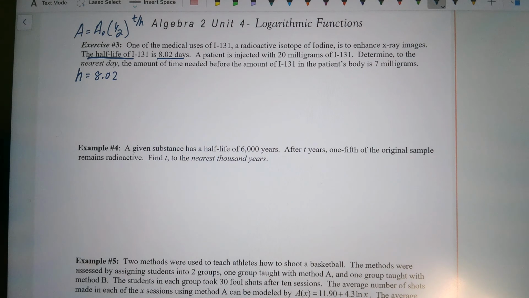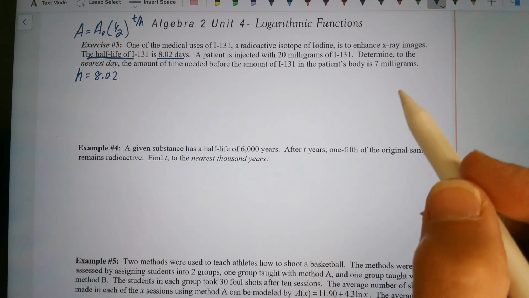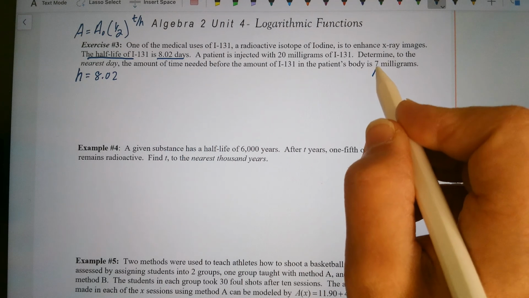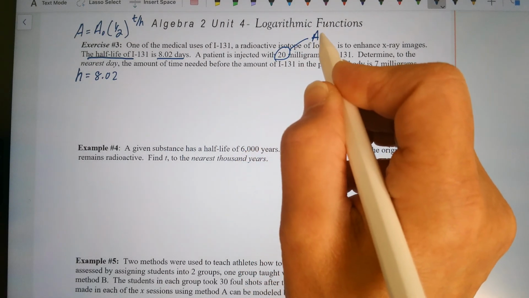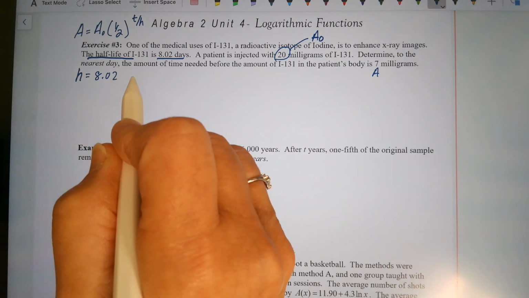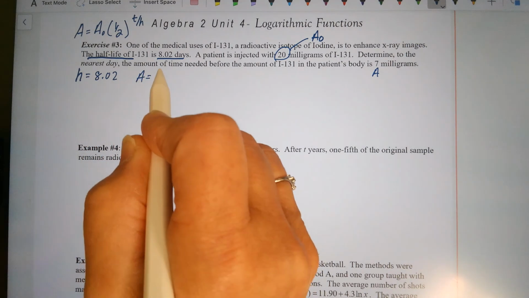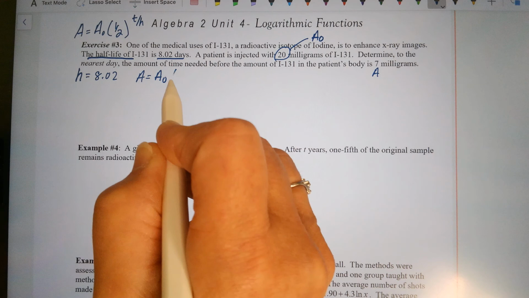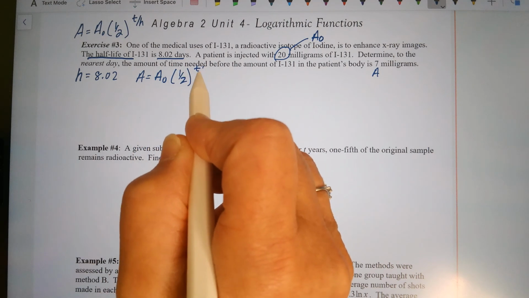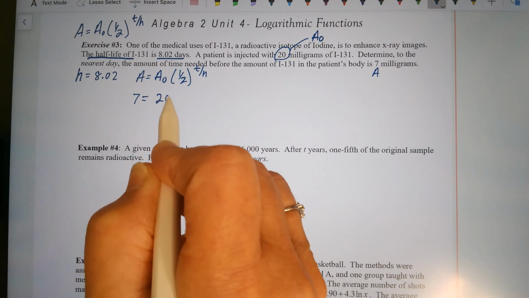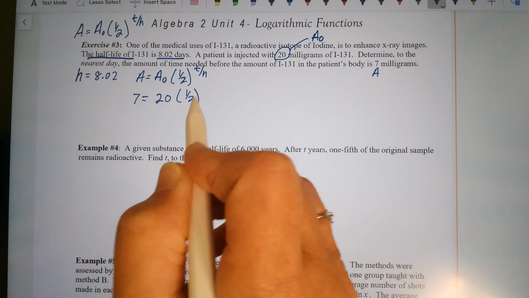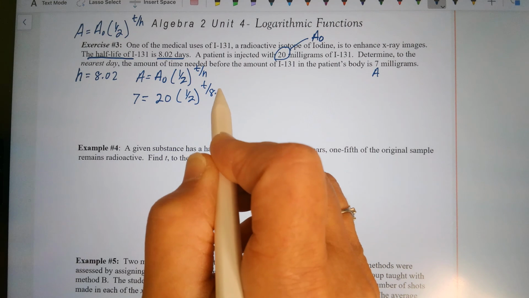Determine, to the nearest day, the amount of time needed before the amount of I-131 in the patient's body is 7 milligrams. Okay, so this is capital A, the 20 is a sub 0. Half-life formula: A equals a sub 0 times 1/2 to the t divided by h. 7 equals 20 times 1/2 to the t divided by 8.02.